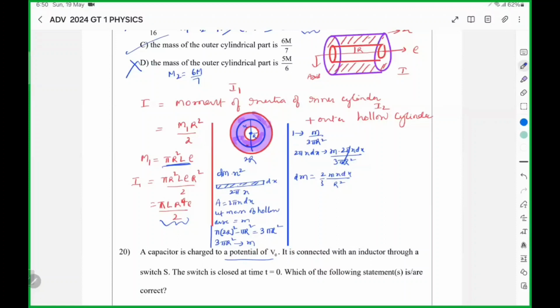So now moment of inertia will be integral dm x square, that is from r to 2r, dm is 2/3 M x dx by r square into x square. That is 2M by 3r square, x power 4 by 4 between r and 2r.